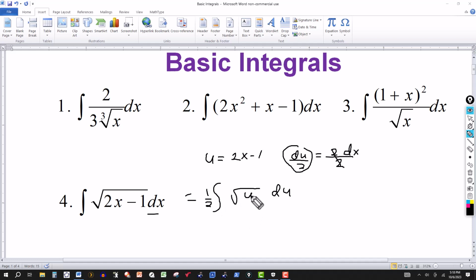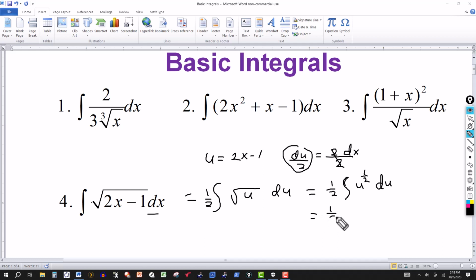Now this one here is kind of like over here when you have a radical. So let's just do this. This is equal to 1/2 the integral of u to the 1/2 du.